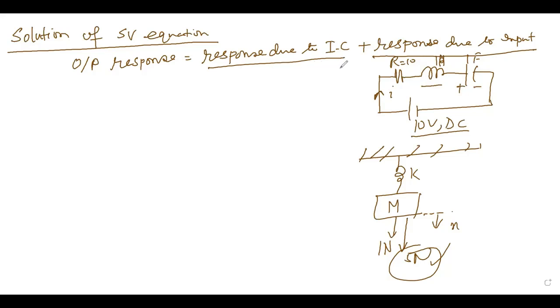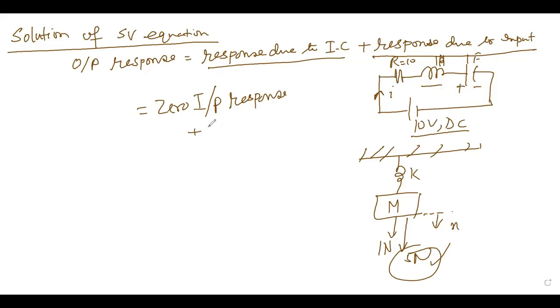The response due to initial condition is called the zero input response, because to find it you have to set the input to 0. Is it clear? Zero input response. And the response to input, for that you set the initial condition to 0.